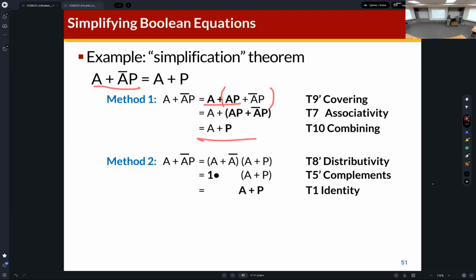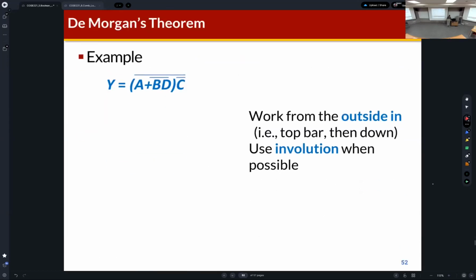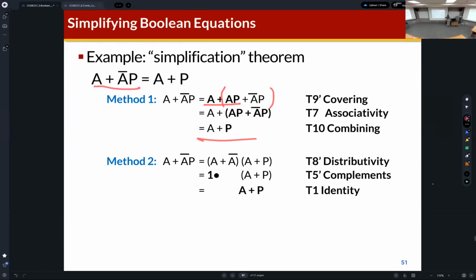In method 2, we can apply a different theorem to simplify, actually to prove this equation. So we can simplify this Boolean equation. You may think that normal algebra is very familiar to us, so we can apply some very familiar theorems to simplify our equations, right?